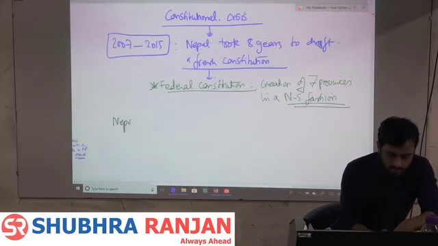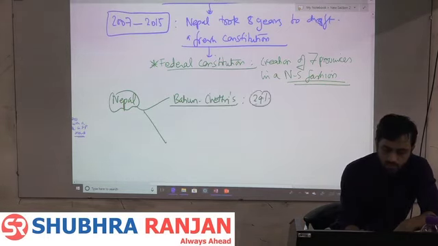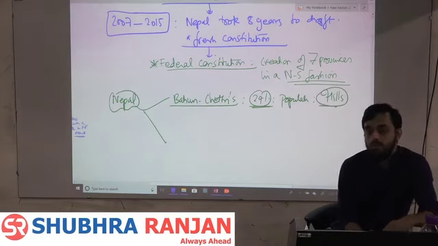Actually, in Nepal there are broadly 2 groups. The Bahun Kshetris constitute 29% of the population in Nepal and live in the hill regions.